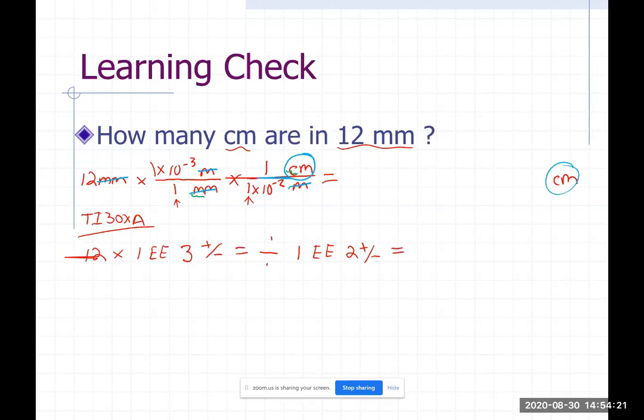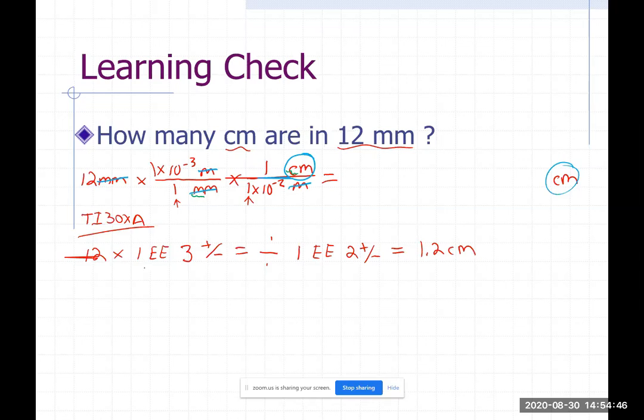And so we use the calculator exactly the way that's written out. It is 12 times 1 EE, 3, hit the plus minus key, and then equals, then divided by 1 EE, 2, hit the plus minus sign and equals, and I get 1.2 centimeters.